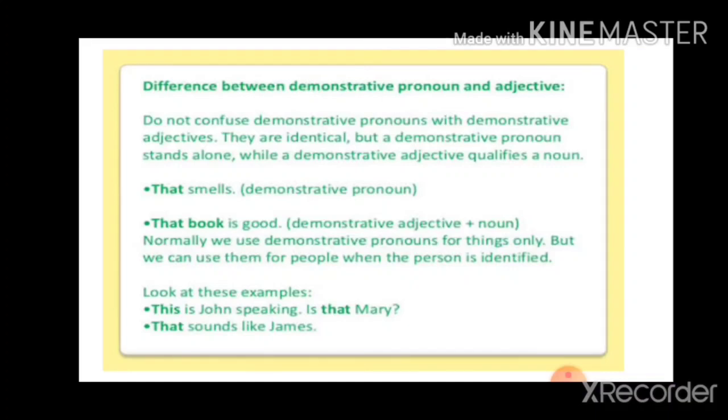Two more examples are given. This is John speaking. Is that Mary? In this is John, after this there is no noun, which means it's a pronoun. But in the next sentence, is that Mary, after that there is a noun, which means it's an adjective.